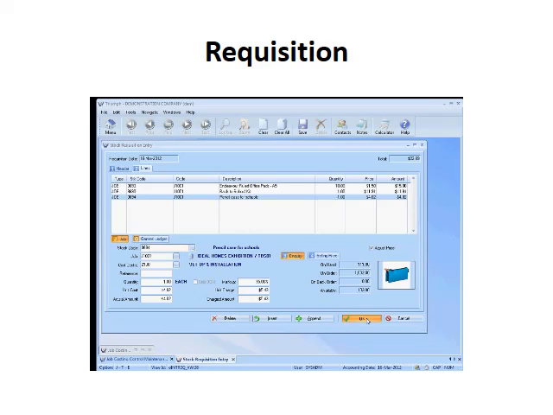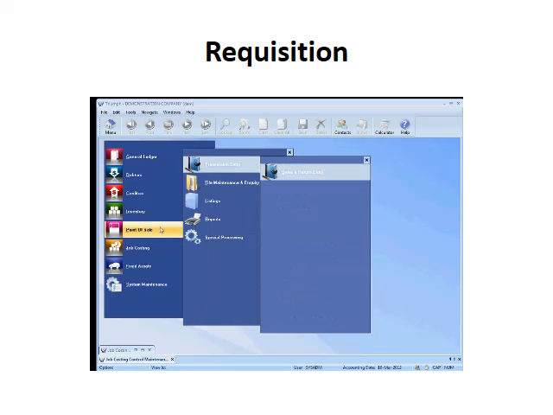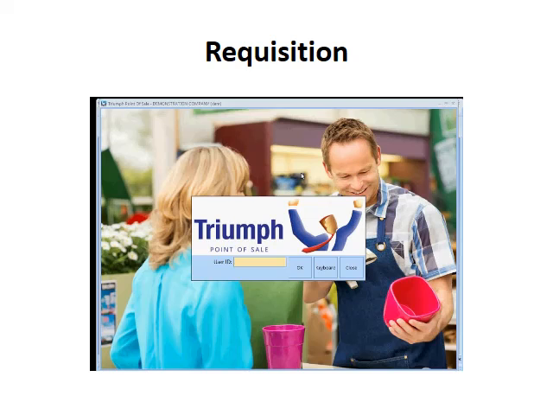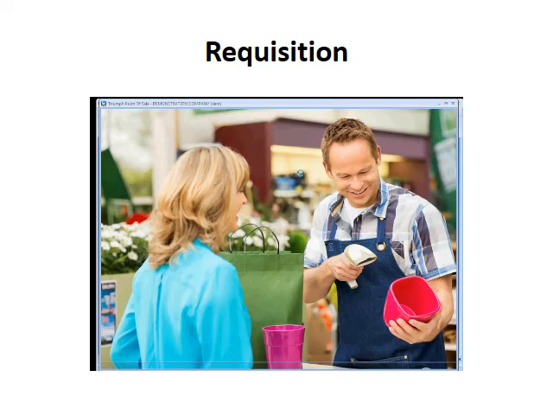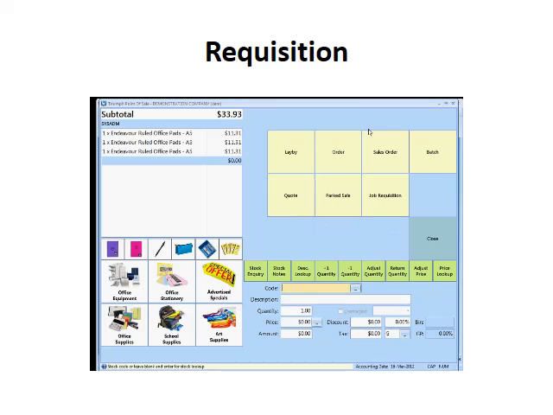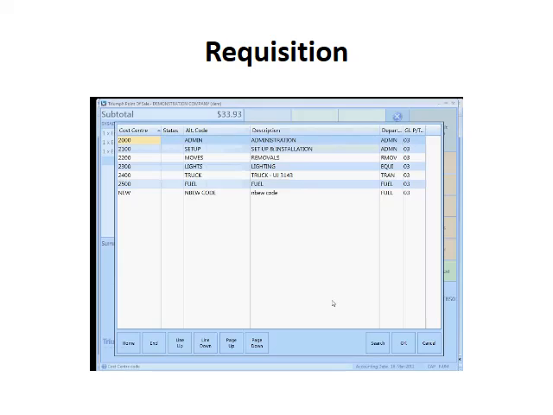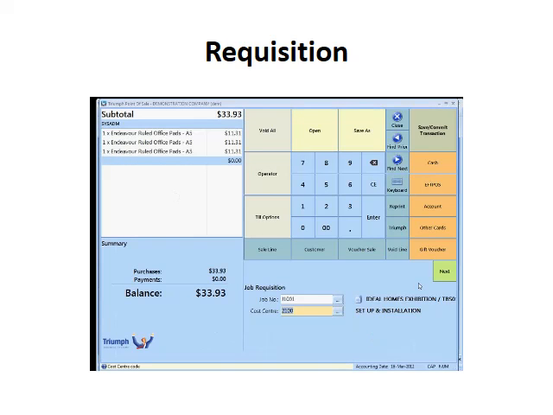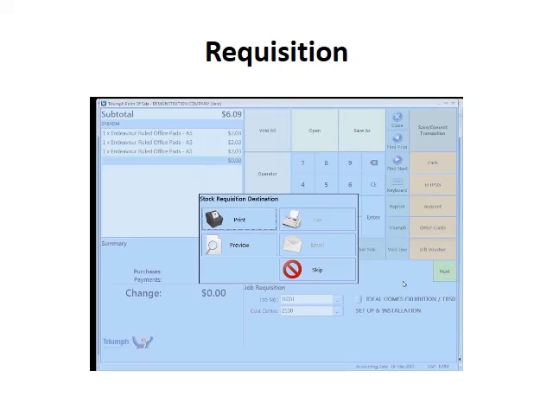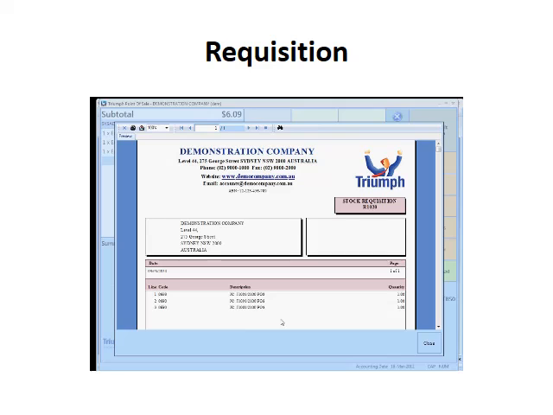I'll process those. So that's bringing stock through as a stock requisition. One of the other things people can do with stock requisitions is go by your point of sale. If you log into your point of sale area, you have the capability of selling items and then saving them as a job requisition, bringing them through into your job and your cost centre, and producing a stock requisition straight into that job.